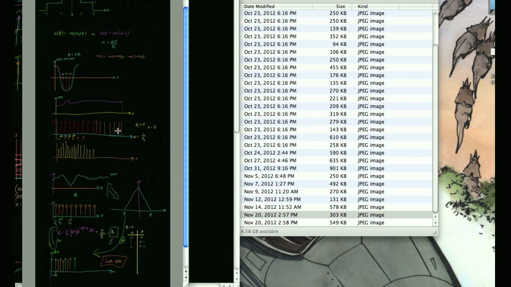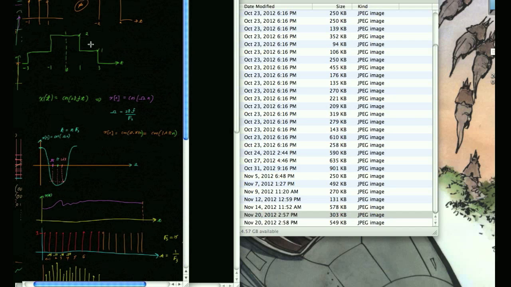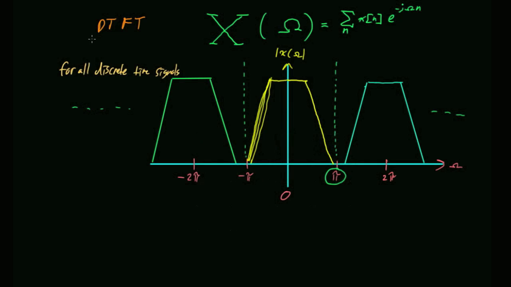Remember the conversion is omega equals 2 pi little f, the frequency of the signal you're sampling, over f sub s.